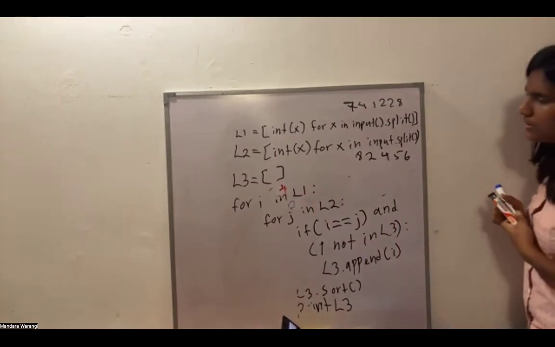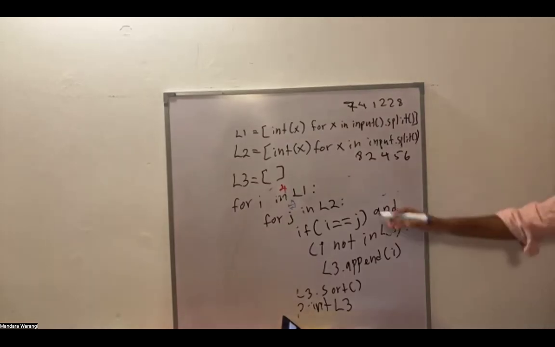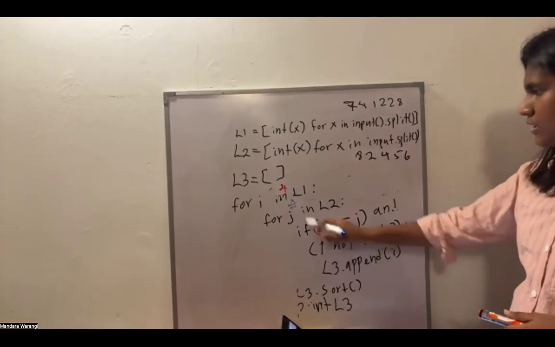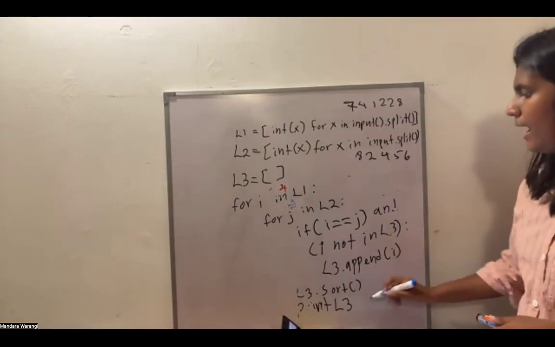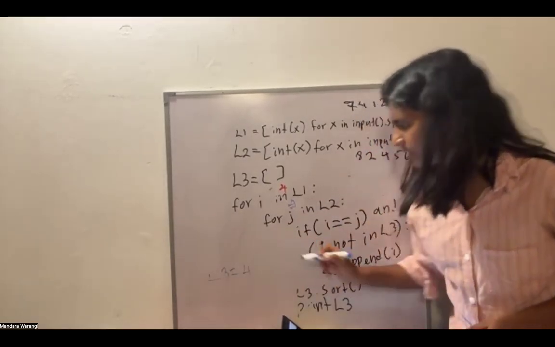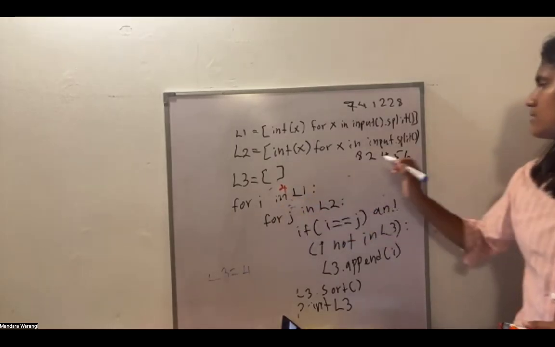No. Then we go to the third one, and now 4 is equal to 4. Then we go to this clause also. Is I, which is 4, in L3? No, right? So we add 4 to L3. Then we check with 5. Not equal. 6, not equal.